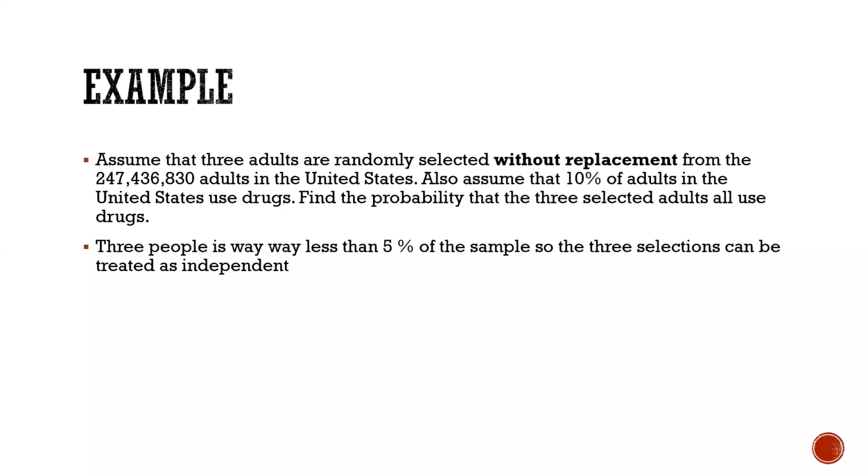Once I select a drug user, it's a tiny bit less likely that the second user will be a drug user. Do you understand what I'm saying here, right? Since I've taken somebody without replacement, it technically changes it. But taking one person out of the pool that has this many people in it, the effect is infinitesimally small.